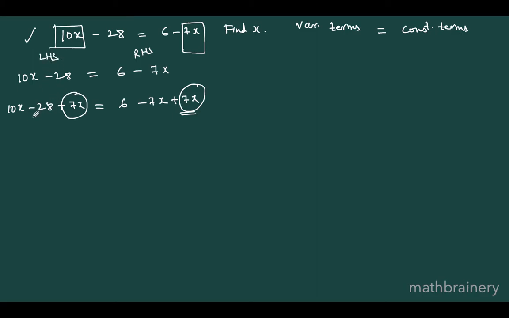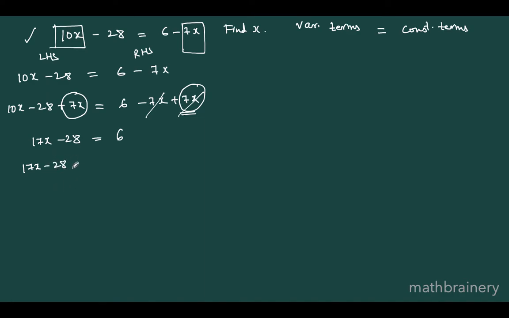Now you see 10x plus 7x is 17x, minus 28 is equal to minus 7x plus 7x, which will be cancelled, leaving you with 6. So now your right hand side is free from variable terms. We want to now free the left hand side from the constant terms. That is, you have 17x minus 28. I do not want any constant term here. So we need to remove this minus 28.